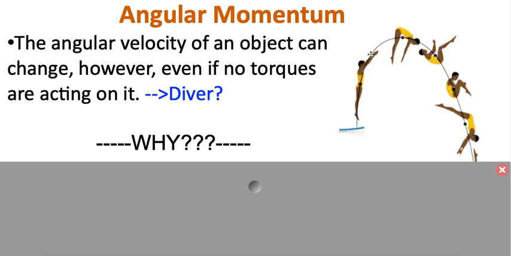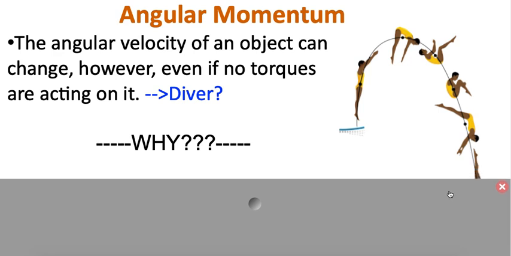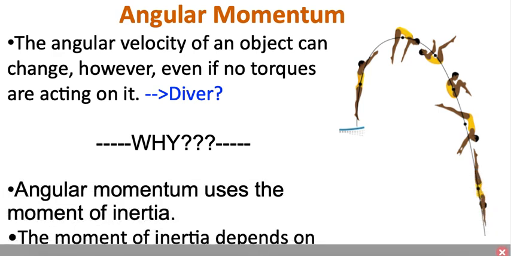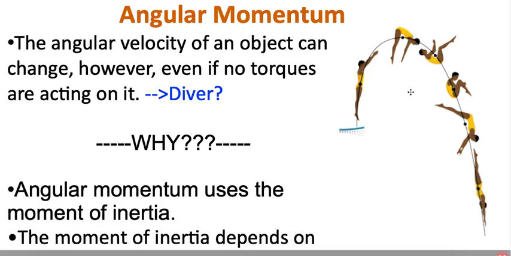Well, that is going to deal with inertia. All right, so when the diver starts to curl in a ball, the diver essentially reduces the inertia, which makes it easier to spin. Okay, so we're spinning in the air, and then we get close to the water and we extend, and we have more inertia, which slows the diver down.